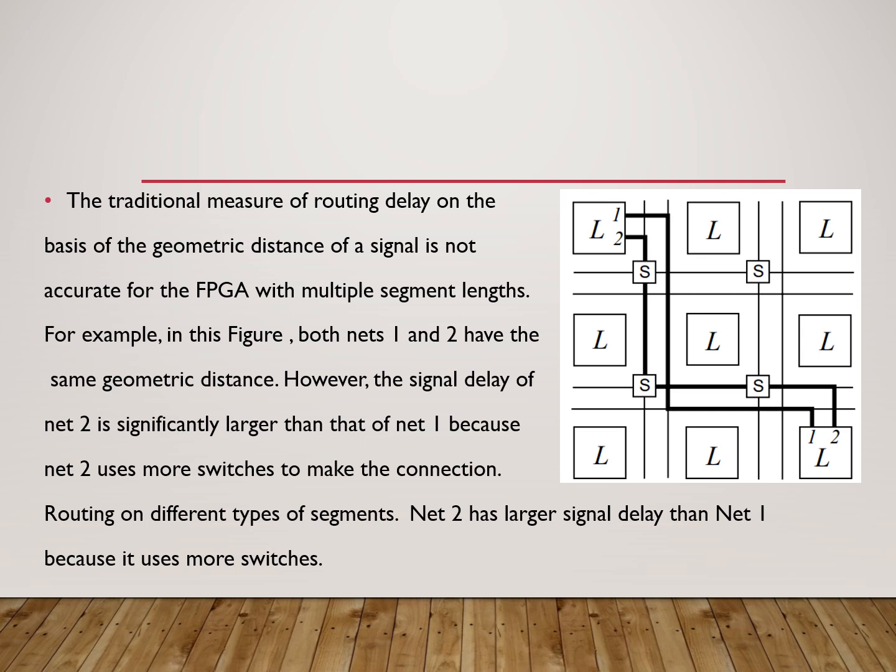Three switches are used to make the net 2 connection, but in net 1 no switches are used. Already I told you the objective of any routing is to use very few programmable switches. So net 1 always produces lesser delay when compared to net 2. Okay, with this, I can wind up session 2.